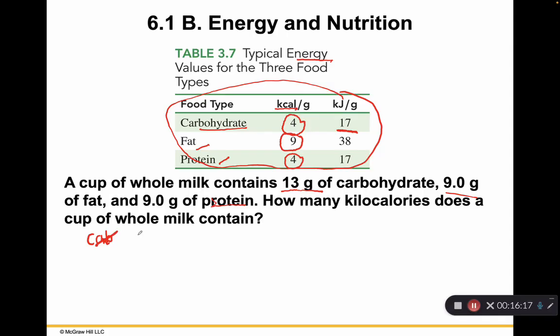Let me write carb. You have 13 grams of carbohydrate. Each 1 gram of carb gives you, and here the question is asking for kilocalories, so I will use these units over here. Kilocalorie per gram, I have to use these numbers.